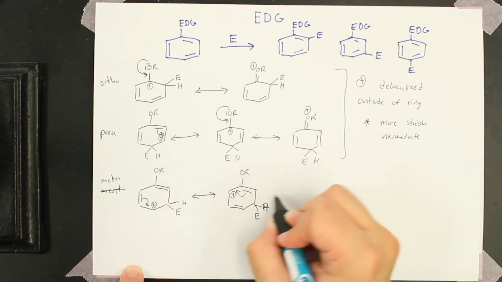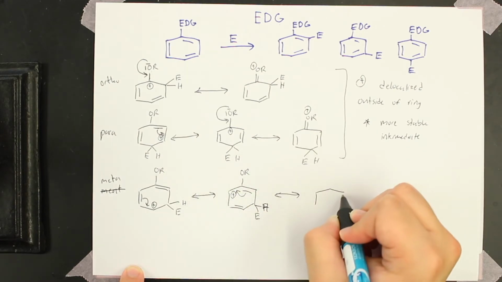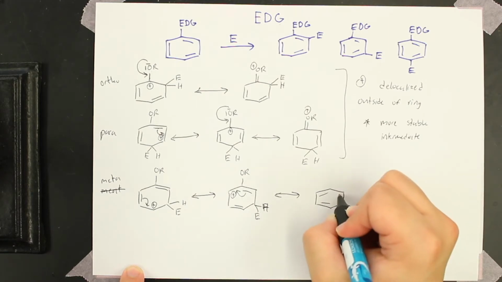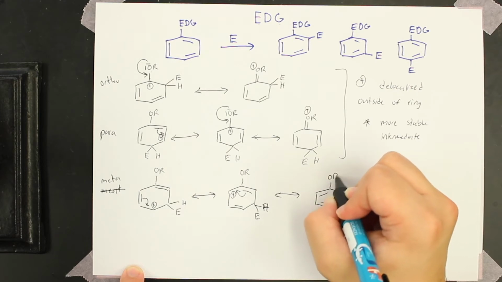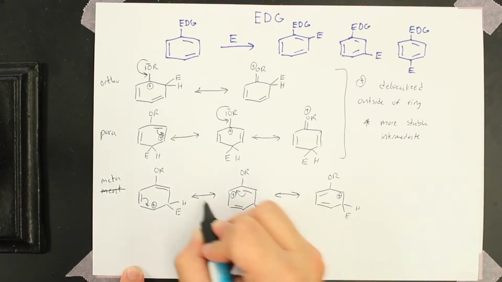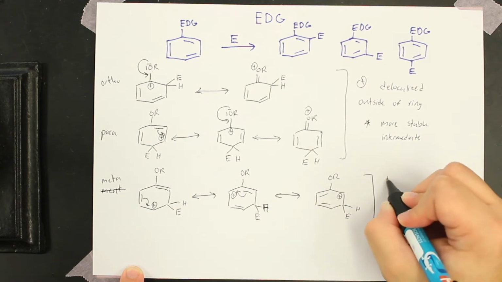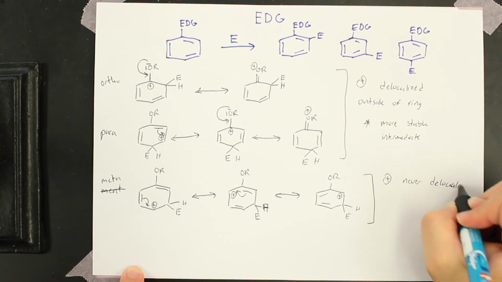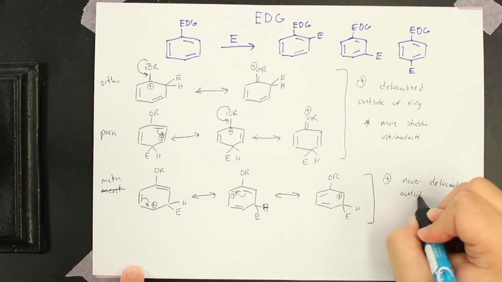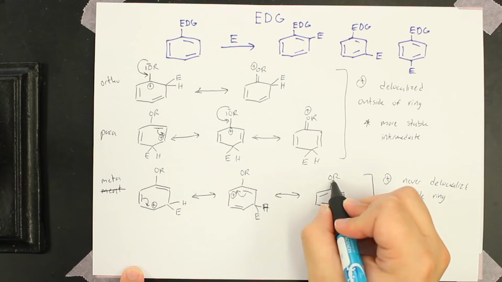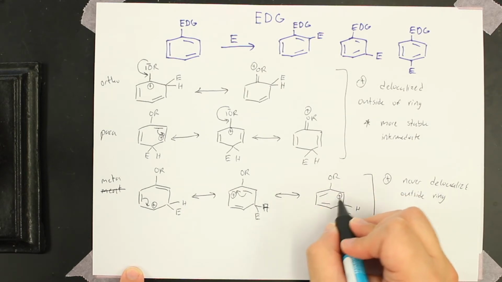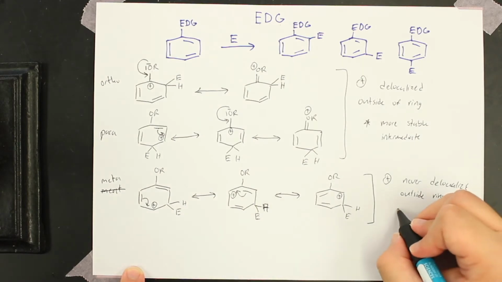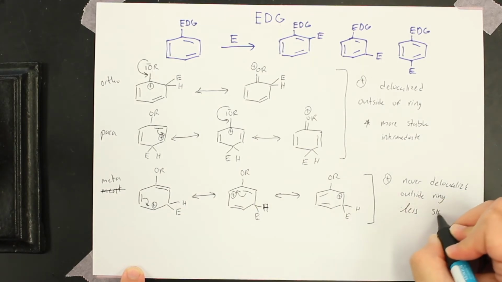We'll push this pi bond here. And as you can see, no matter how hard we try with these pi bonds, the positive charge is never delocalized outside of the ring. In other words, this electron donating group, the ether here, cannot stabilize this sigma intermediate when it's substituting at the meta position. So this is a less stable intermediate.